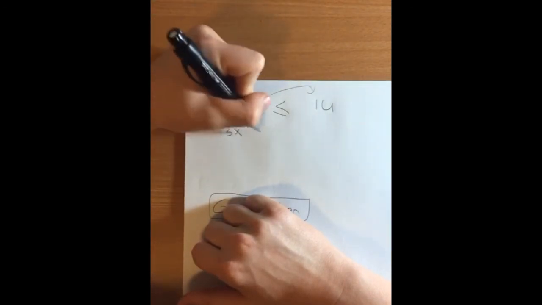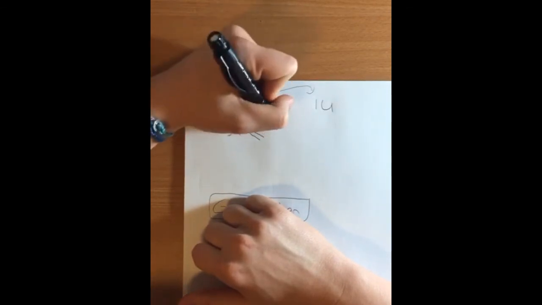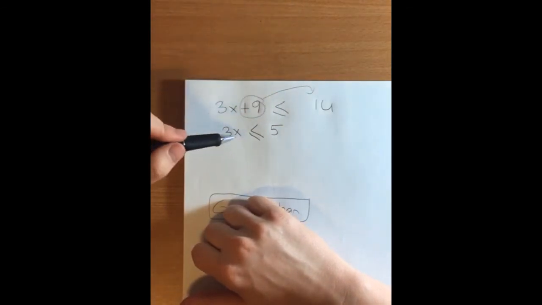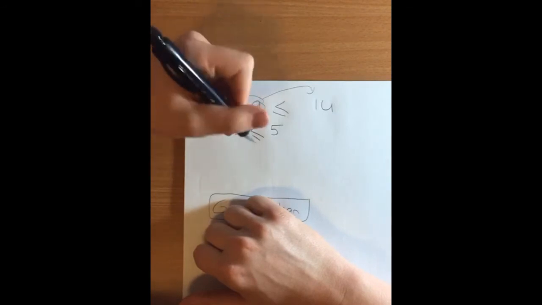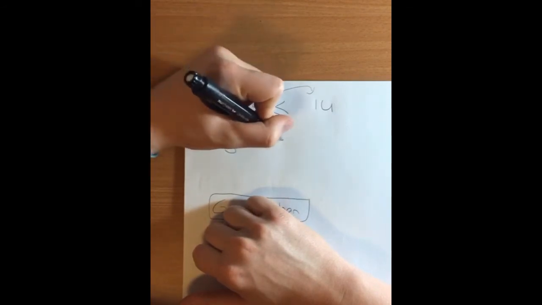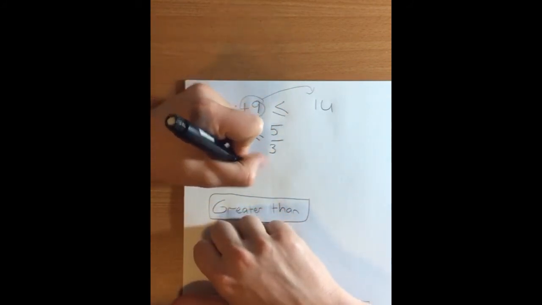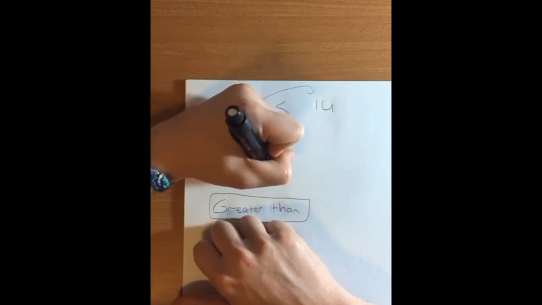It's 3x is less than or equal to 5. If you want to find x, we should divide both sides by 3. And the answer is x is less than or equal to 5 divided by 3.